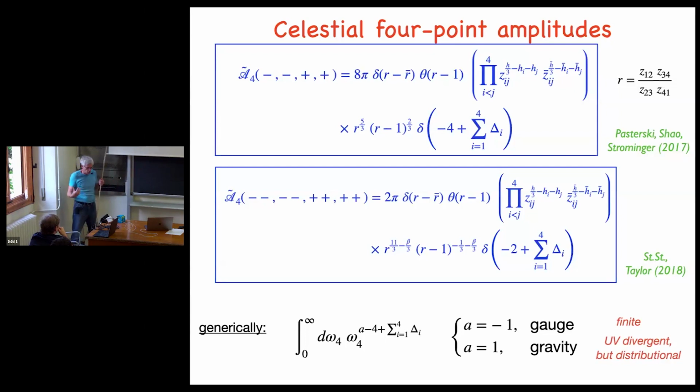This is by now an old result. There are always people asking why you would consider this amplitude, since you cannot discuss gravity amplitudes in a conformal theory. But when you do distributions, in the distributional sense, it makes perfect sense. And indeed, this amplitude is interesting because you can discuss soft limits.